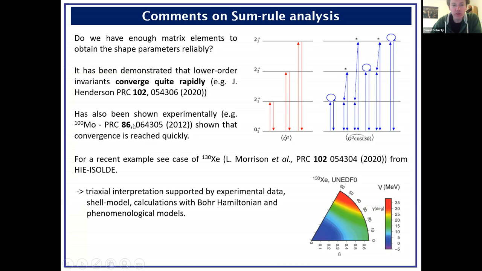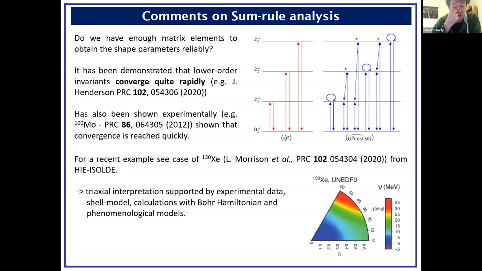In our case, our theoretical matrix elements come from beyond mean field calculations. So we can attempt to do the same analysis with this set of matrix elements from the beyond mean field calculations and estimate it that way. These are also, I should say, very deformed nuclei, so there's perhaps a greater chance that these gamma values have more limited dispersion than in some of the cases presented earlier.